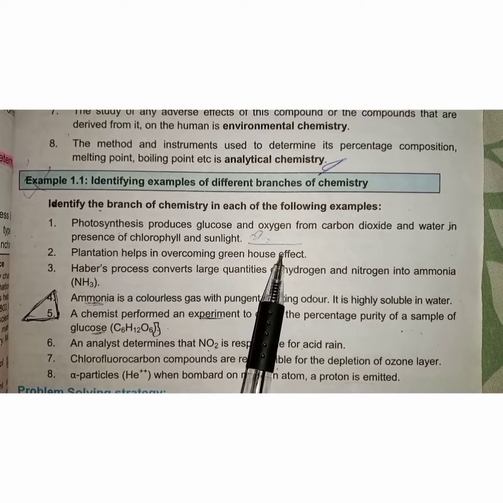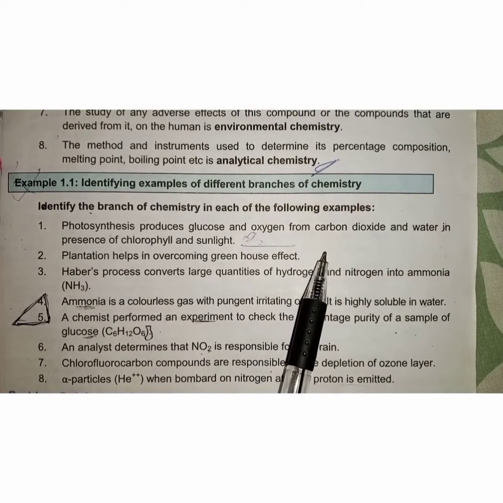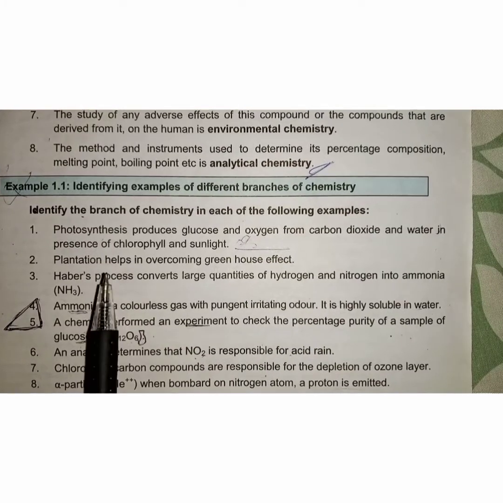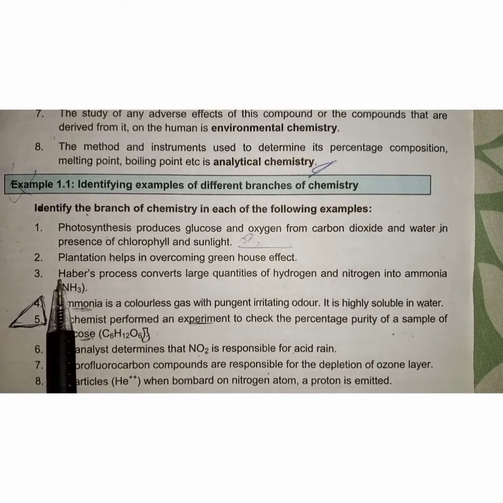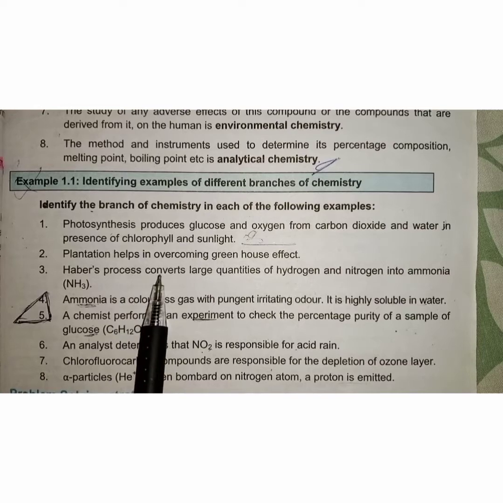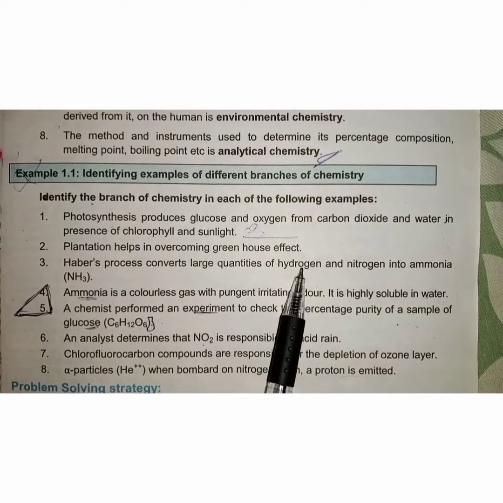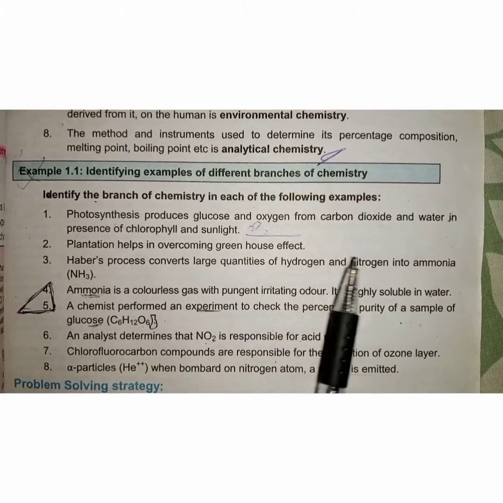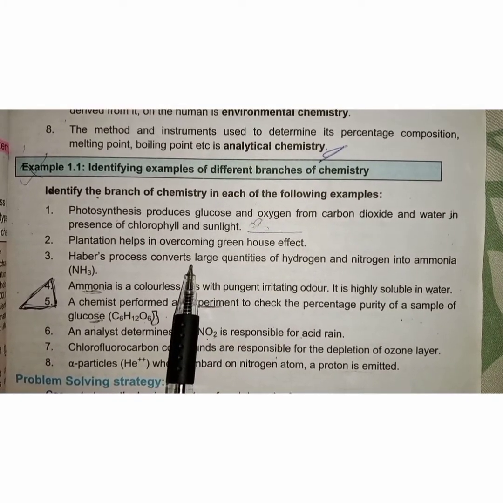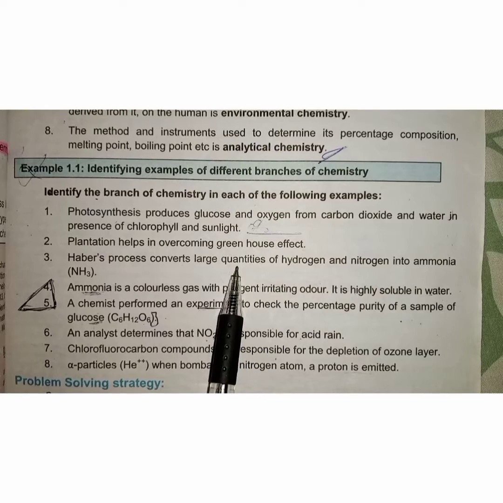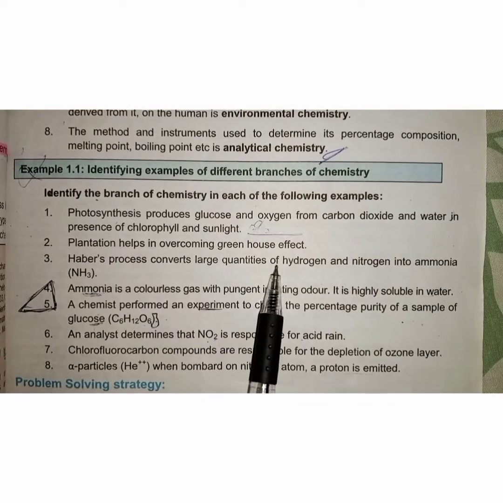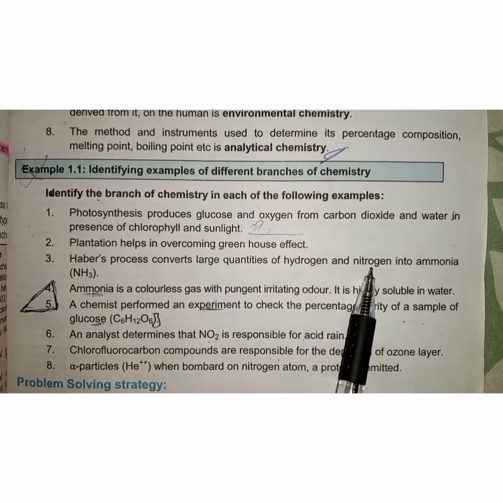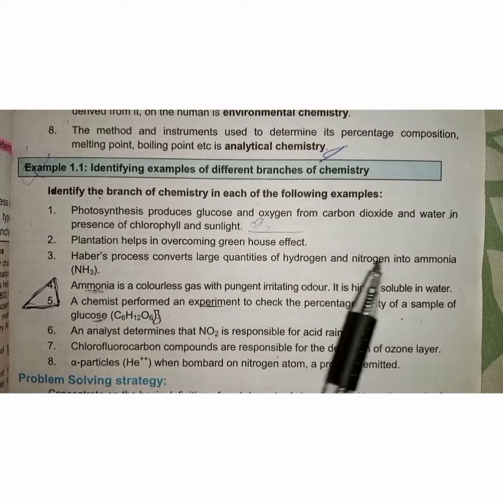It is an example of environmental chemistry. Number 3: Haber's process converts large quantities of hydrogen and nitrogen into ammonia. This is an example of industrial chemistry because large quantities of hydrogen and nitrogen are converted into ammonia.